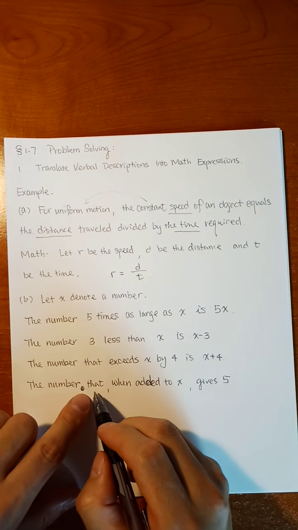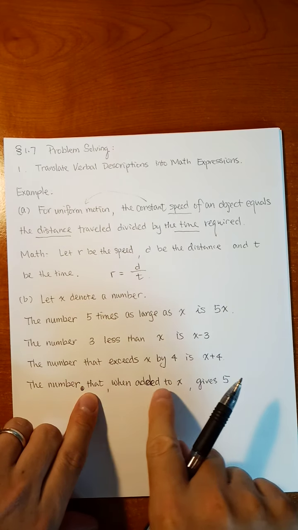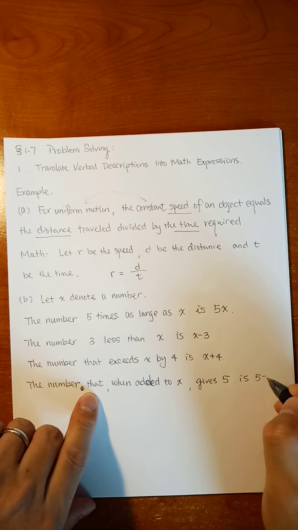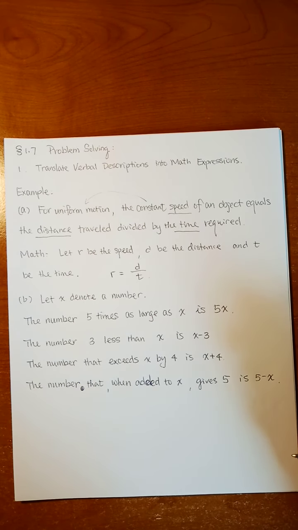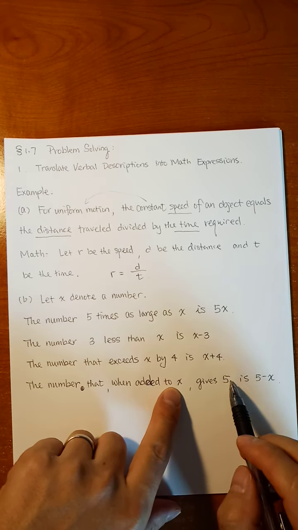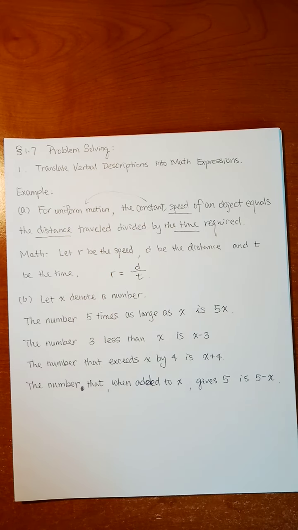Okay, so you have a number, added to x is equal to 5. So another number plus x is 5. Then the number should be 5 minus x. Right? The additional number plus x is 5. That additional number is 5 minus x. All right? So that's how the language describes the relation.